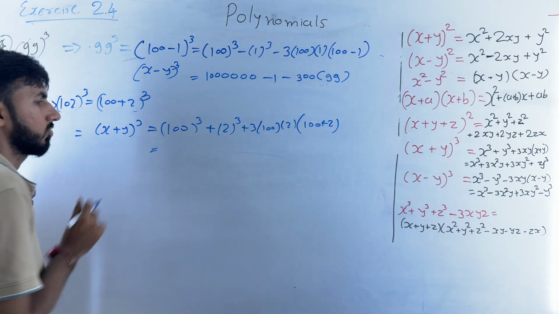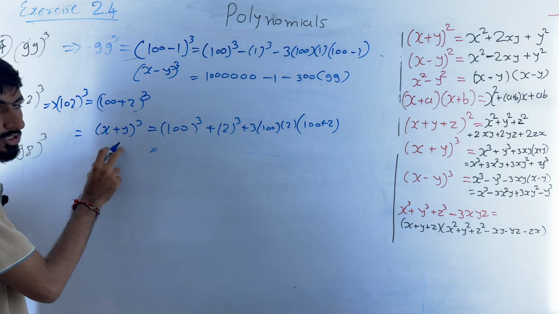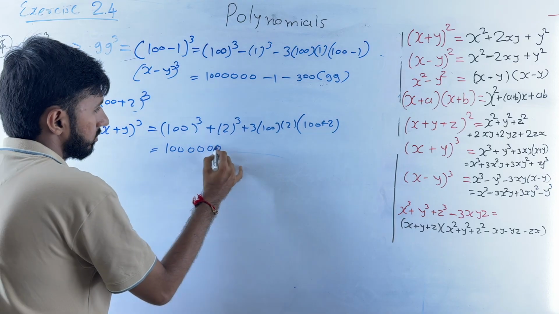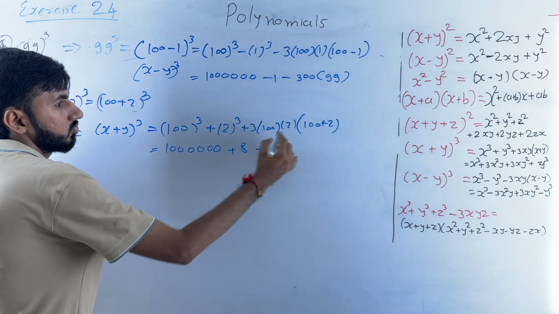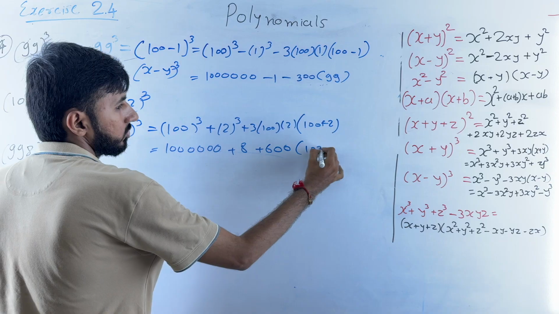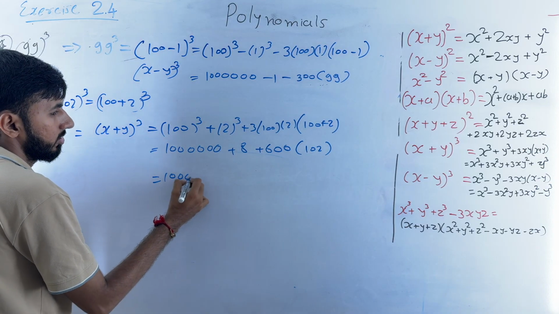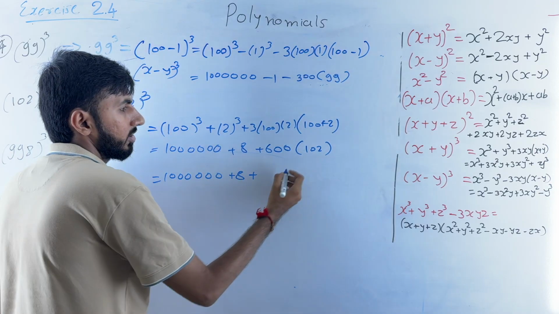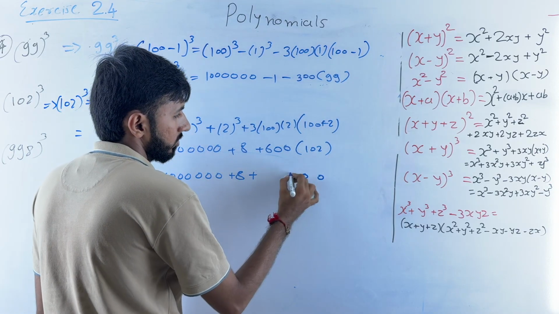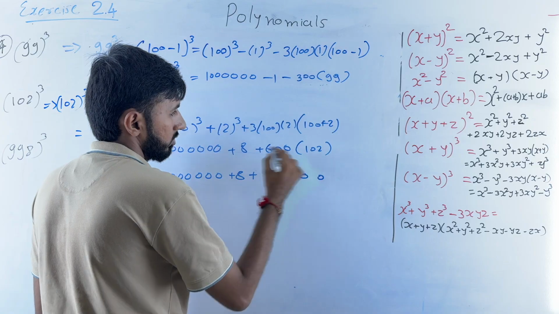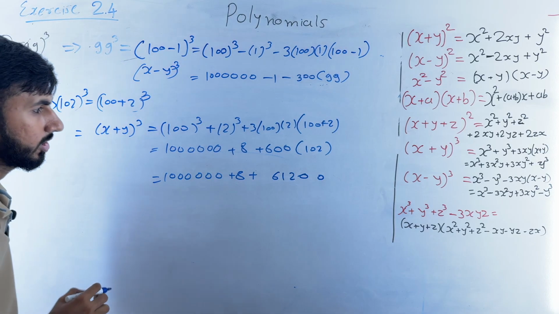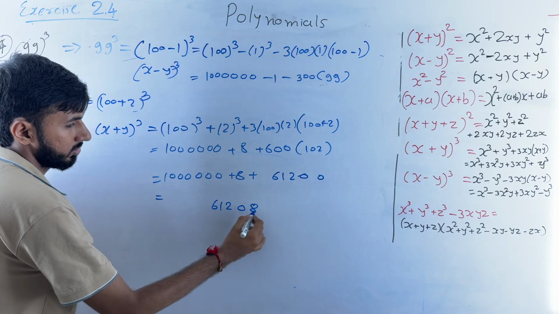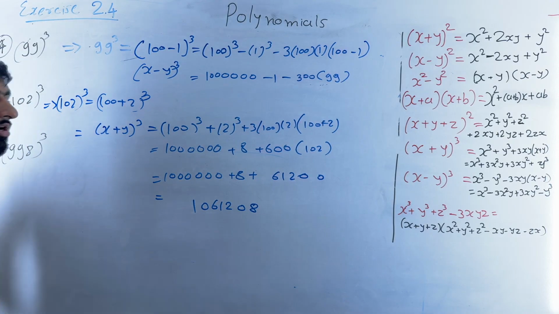Very easy. Just use your identity. You have to mention, I didn't mention here, but you have to mention in your question, right? 100 cube, that will be 6 zeros, plus 8 plus 3 times 200 in the bracket 102. So my final answer will be plus 8 plus, if I multiply these two, 61200, right? Now 1,061,208, this will be your final answer, right?